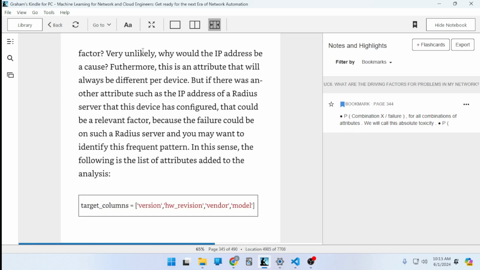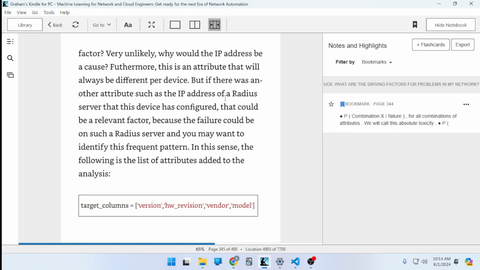Very unlikely. Why would the IP address be a cause? Furthermore, this is an attribute that will always be different per device. But if there was another attribute, such as the IP address of a Radius server that this device has configured, that could be a relevant factor, because the failure could be on such a Radius server, and you may want to identify this frequent pattern.